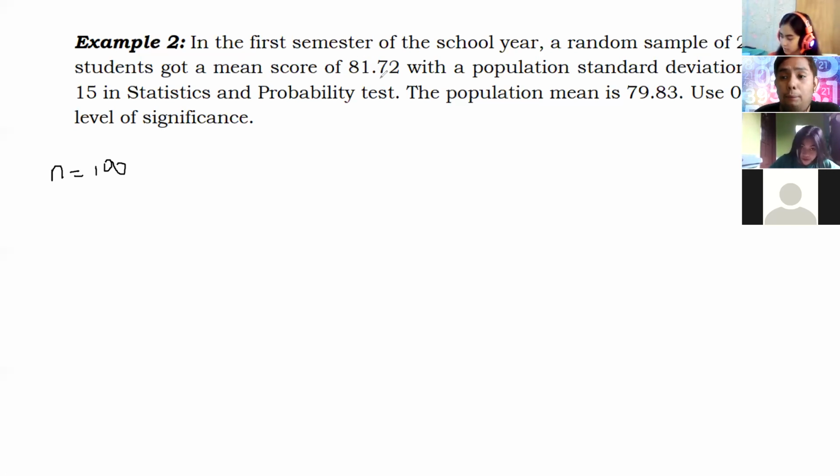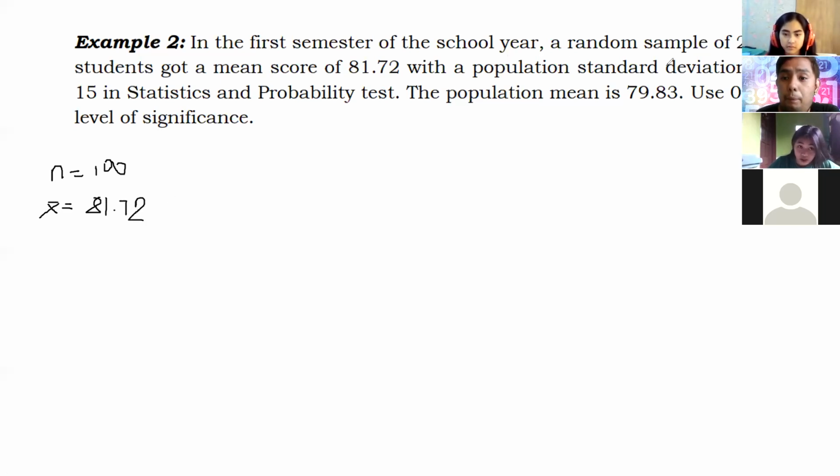We have the 81.72, which is what is 81.72? 81.72 is the sample mean. Kasi sabi dito, sample of 200 and got the mean of 81.72. So, this is x bar. X bar is equals to 81.72.